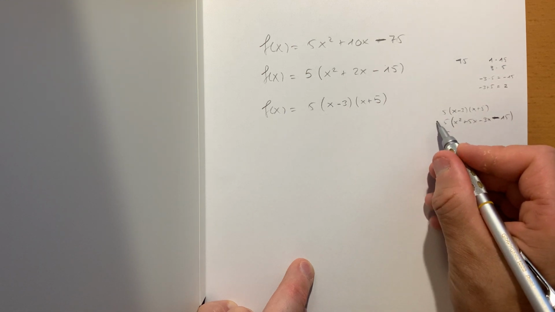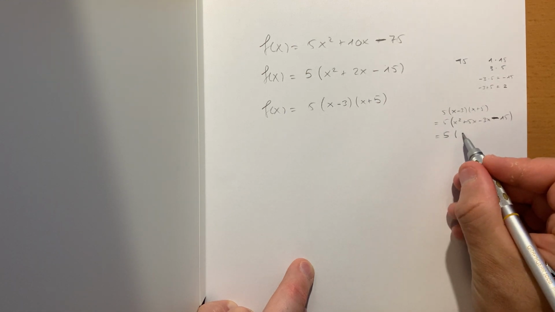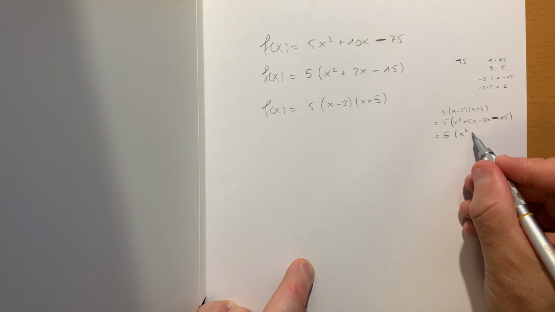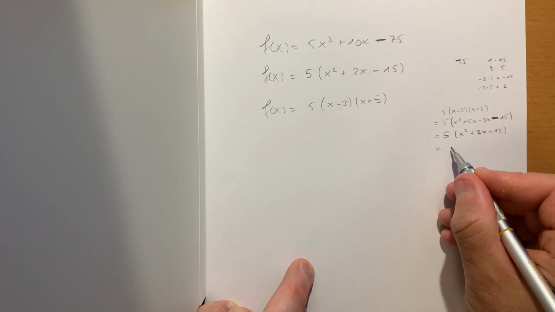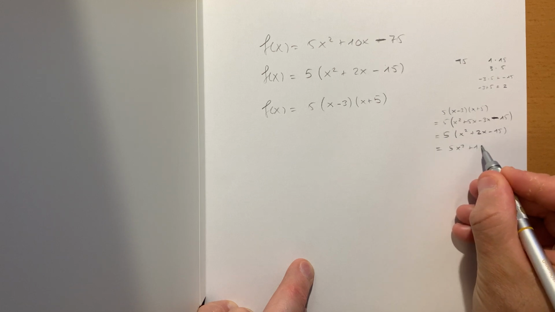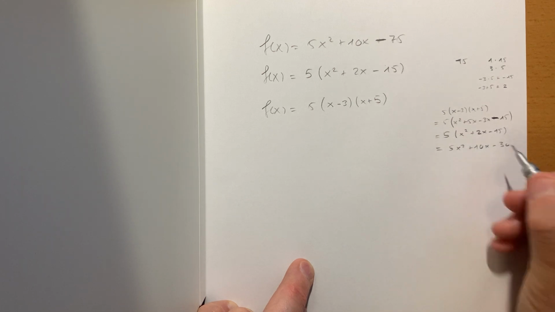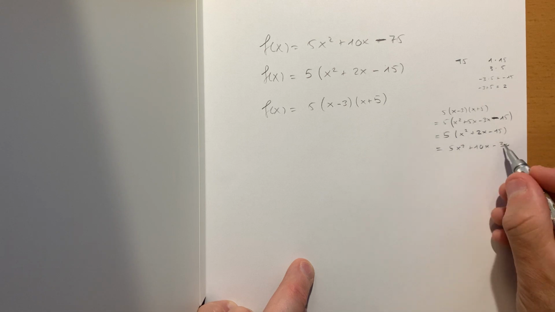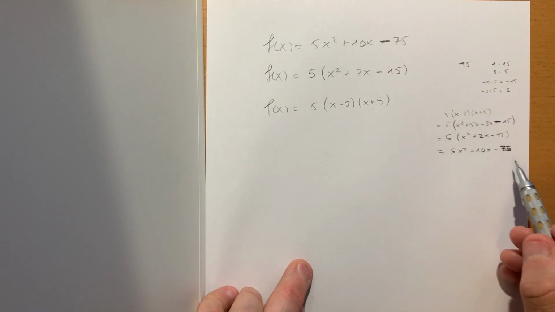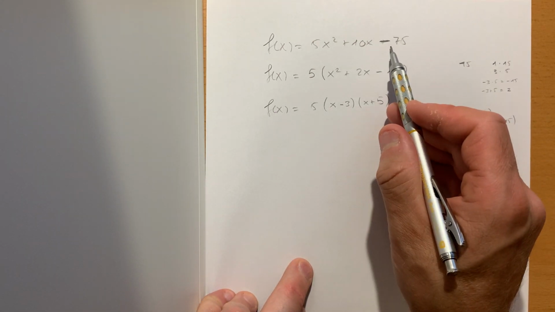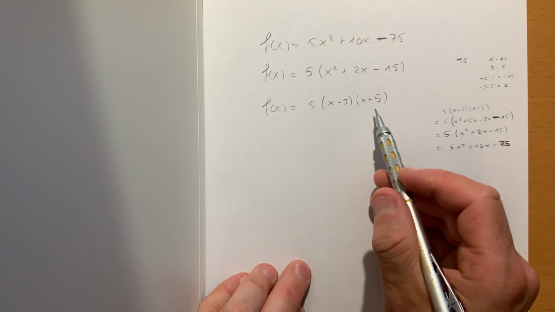That's 5 times x squared plus 2x minus 15, and then it's 5x squared plus 10x minus 75. So it would be what we started off with. So this must be correct.